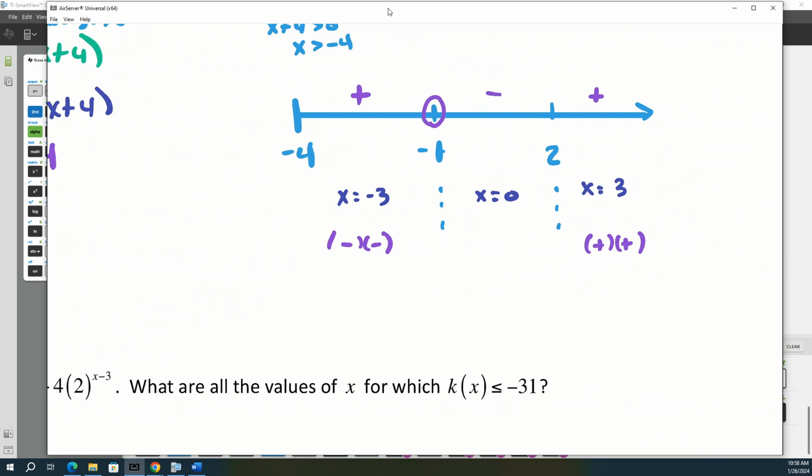I didn't have any or equal to, so these are definitely open circles. So g of x is less than h of x whenever I get a negative here, which is going to be from negative 1 to 2.